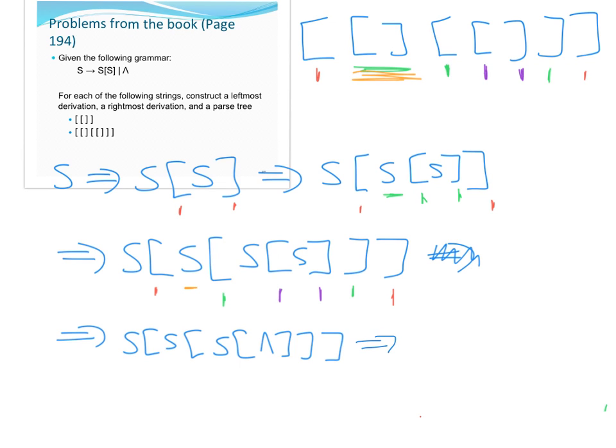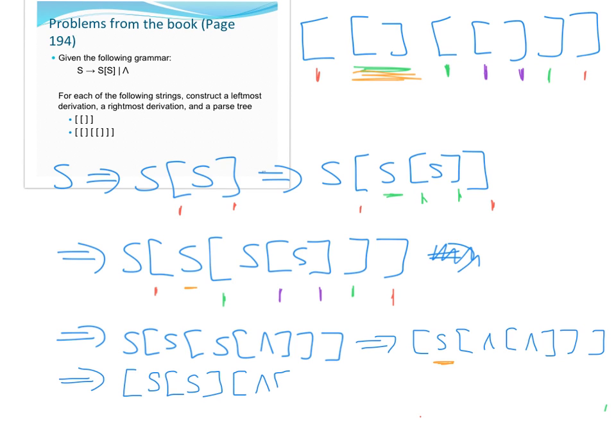So that goes to bracket S bracket, lambda, 1, 2, 3. All right. Now we are up to what I think is our orange one, so that needs to expand again into another set of brackets before we get rid of it. So we have bracket, and we're going to expand that orange into S bracket, S bracket. And then we copy everything else that we have, bracket, lambda, bracket, lambda, 1, 2, 3.